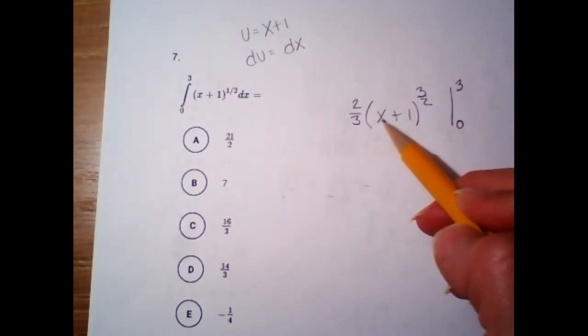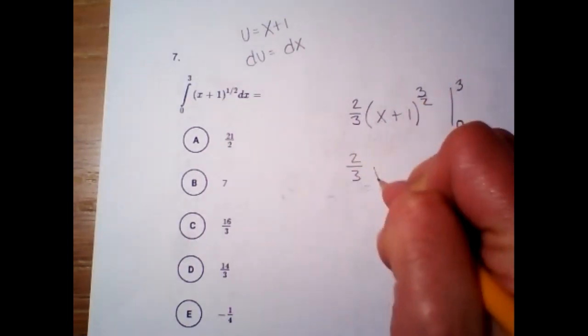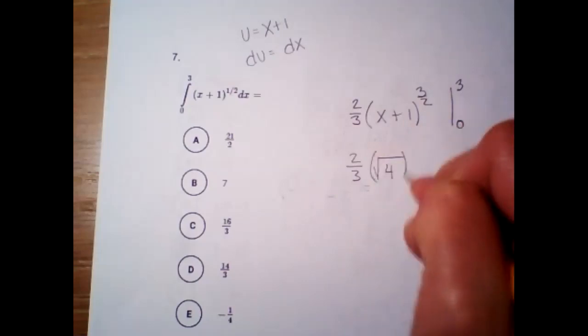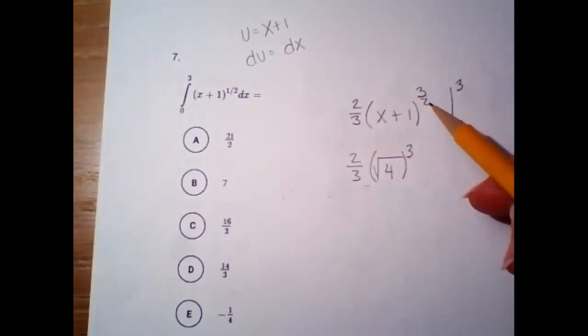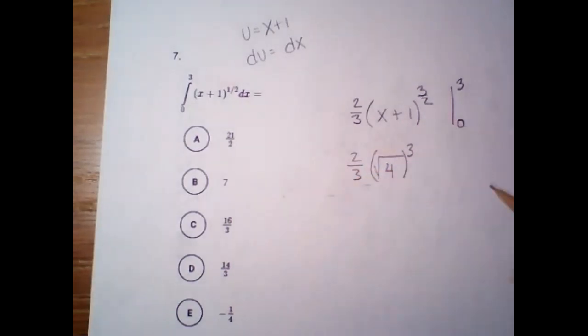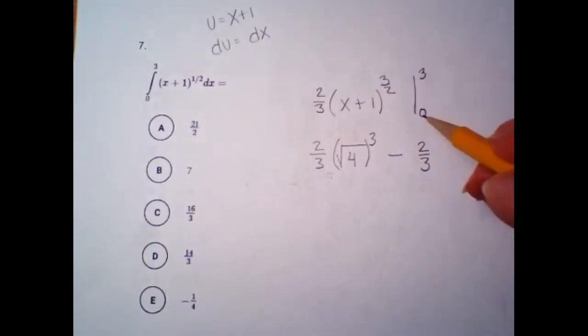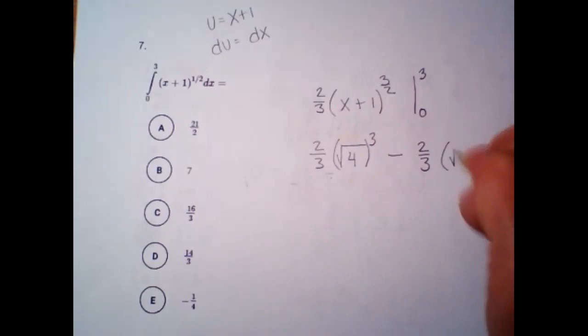All right, so plugging in 3. 3 plus 1 is 4, so this will be the square root of 4 cubed. That's what 3/2 means. And we're going to have to get the whole way through this without a calculator because they simplified all these choices now. Minus 2/3 times, now if I plug in 0, that's just going to be 1, so it'll be the square root of 1 cubed.